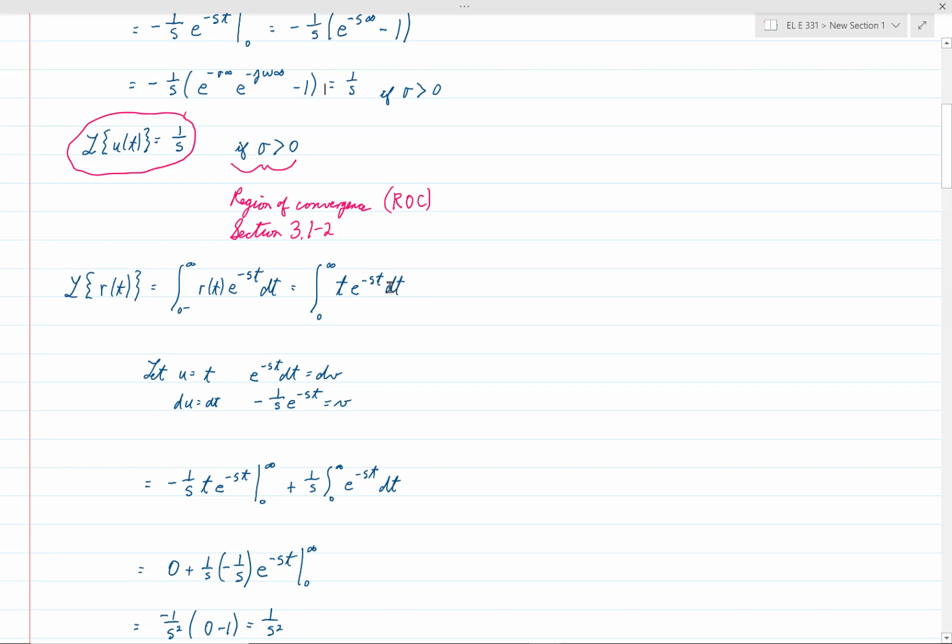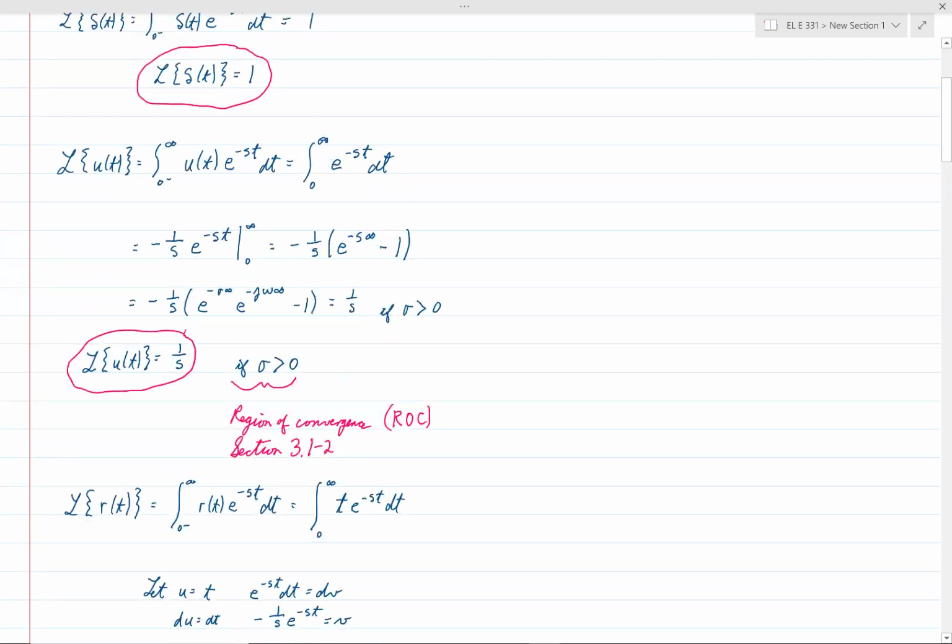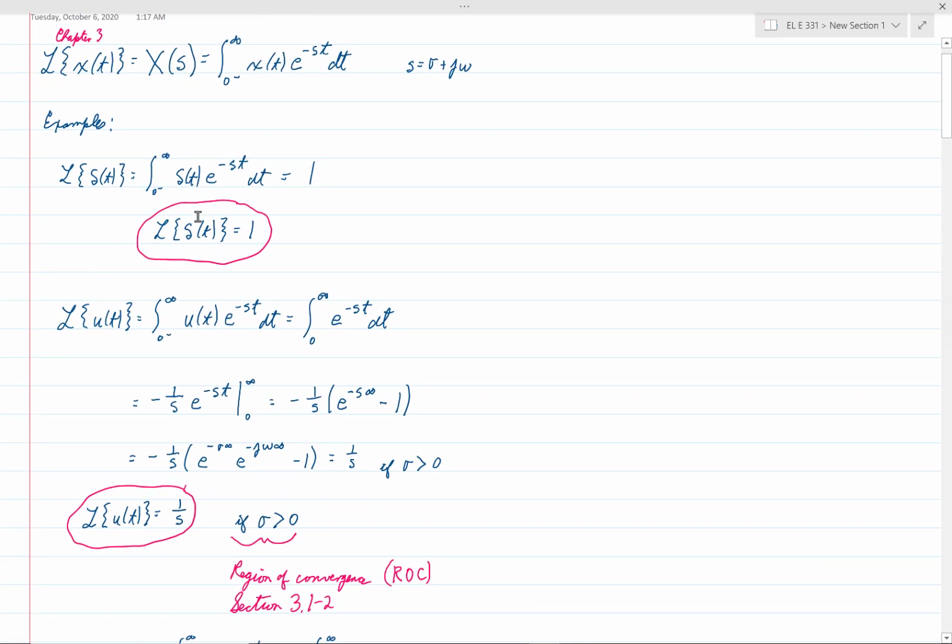Maybe I should make one quick remark. You might be wondering about this 0 minus here. You might think, well, can we not always substitute 0 instead of 0 minus? And the answer is no. The 0 minus is, in some problems, very important. Let's come back up here to the first one.